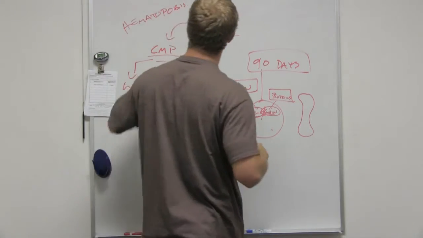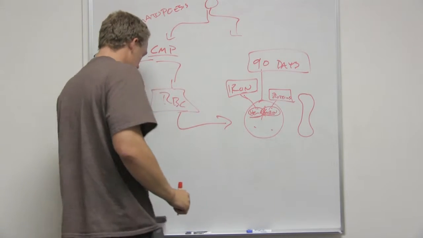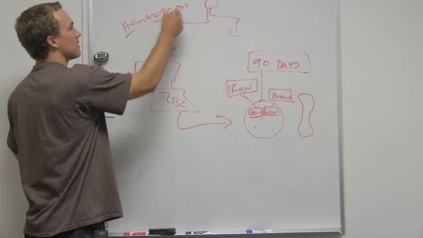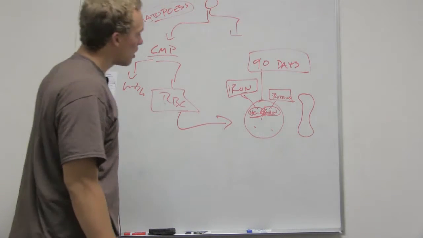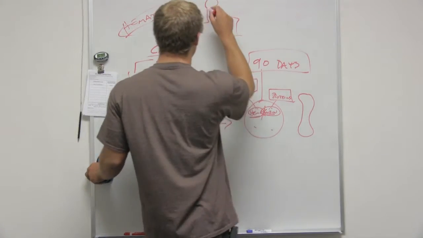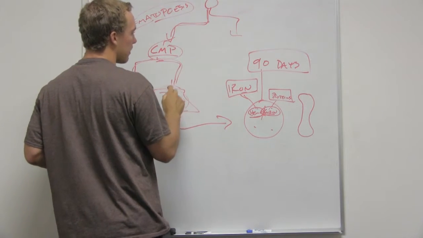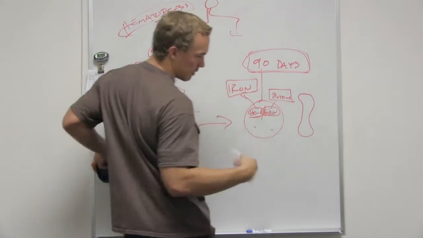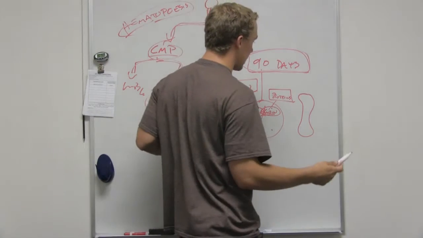Hemat means blood, and poiesis is the forming of cells. So we're making red blood cells here: hematopoiesis makes the common progenitor, then these, and then red blood cells. That red blood cell has 90 days to circulate and carry oxygen and be good for blood. But then it dies, okay?